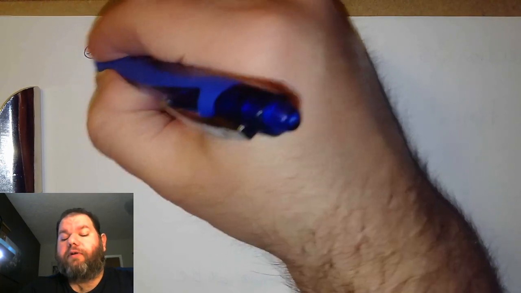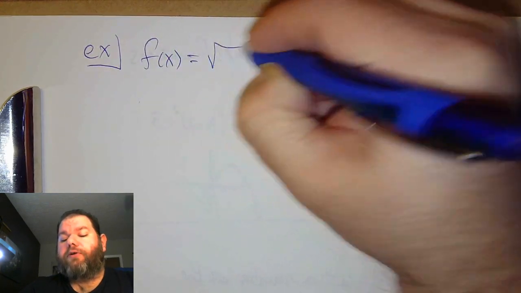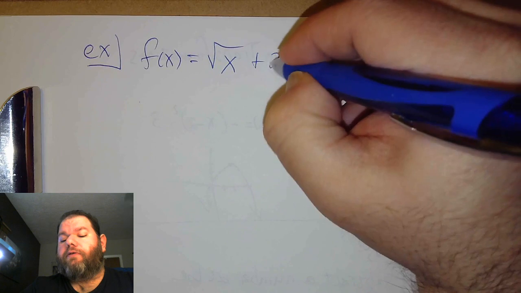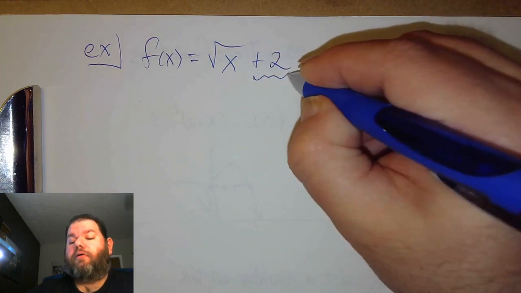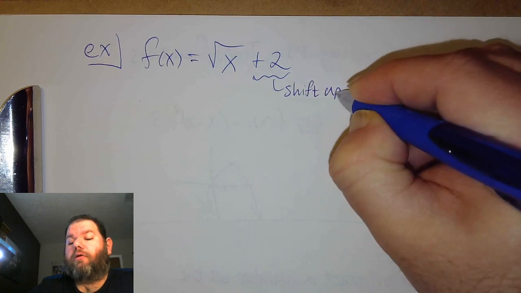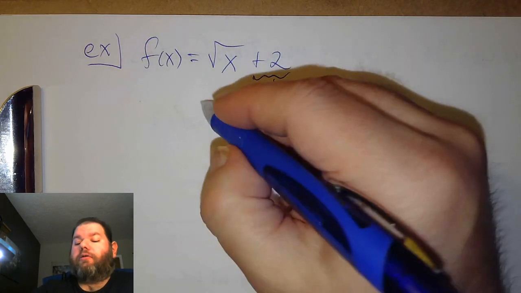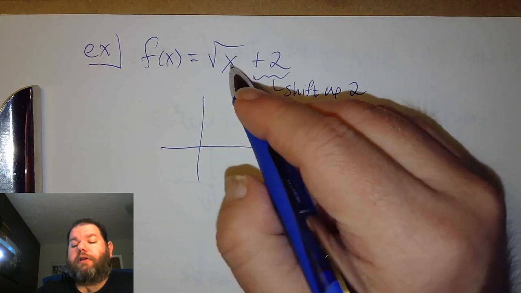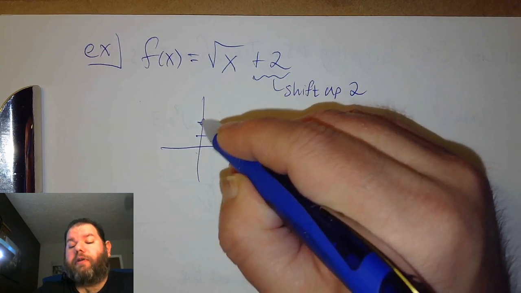So if we have, for example, f of x equals the square root of x plus 2, well, this time plus 2 means that we shift the whole graph up 2 units. Okay? And again, square root of x starts from the origin. We go up 2 units from there.